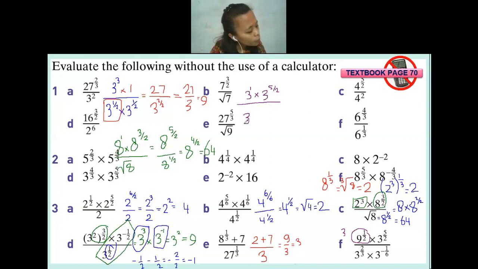We can simplify the power, become 3 to the power of how many? Anyone can help me? 3 to the power of how many it will be when I multiply 3 to the power of 2 per 3 times with 3 to the power of negative 1 per 6. It will be how many? 3 power 1 by 2. Okay, it will be 3 to the power of 1 by 2.